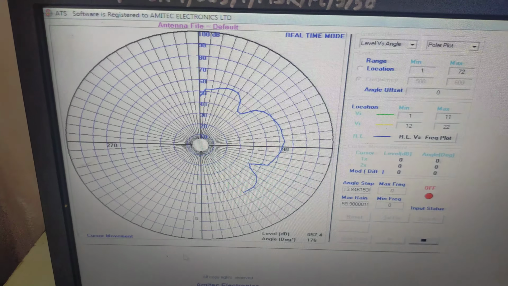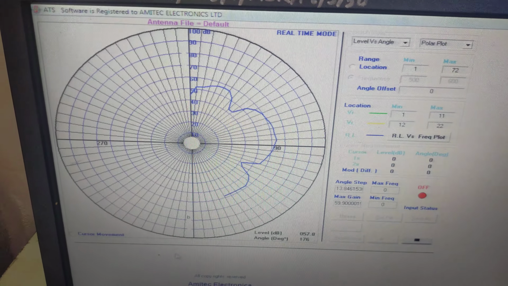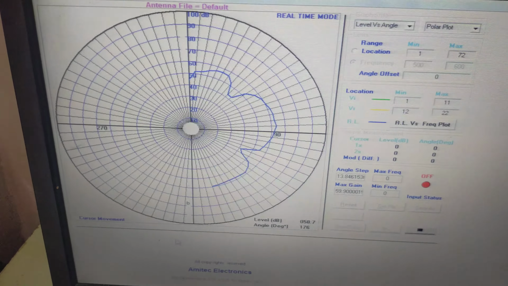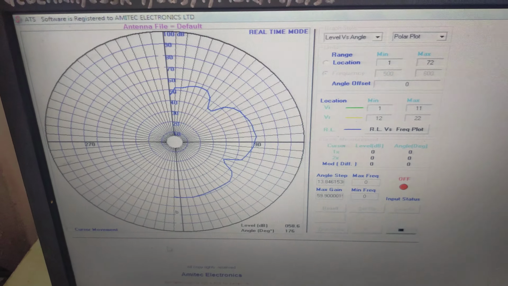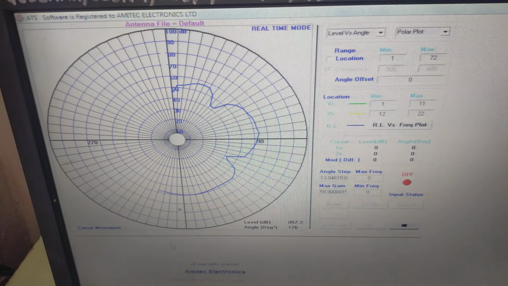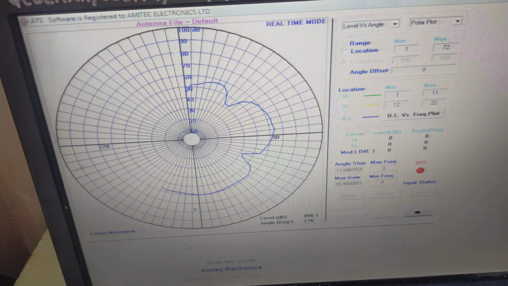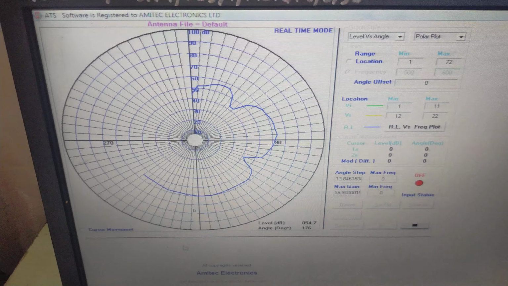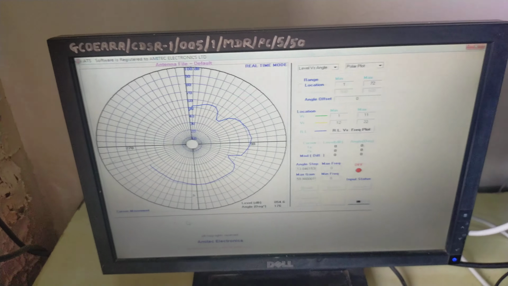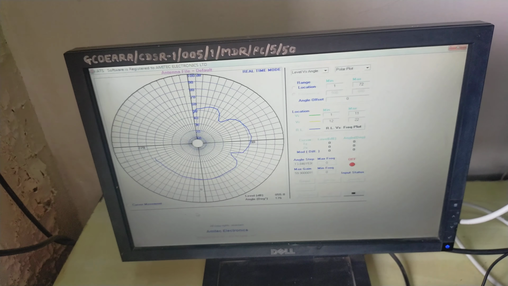Observe the blue line progressing as per the received signal strength of the antenna. Some minor and some major lobes we can observe there. So this is the radiation pattern of a microstrip patch antenna.